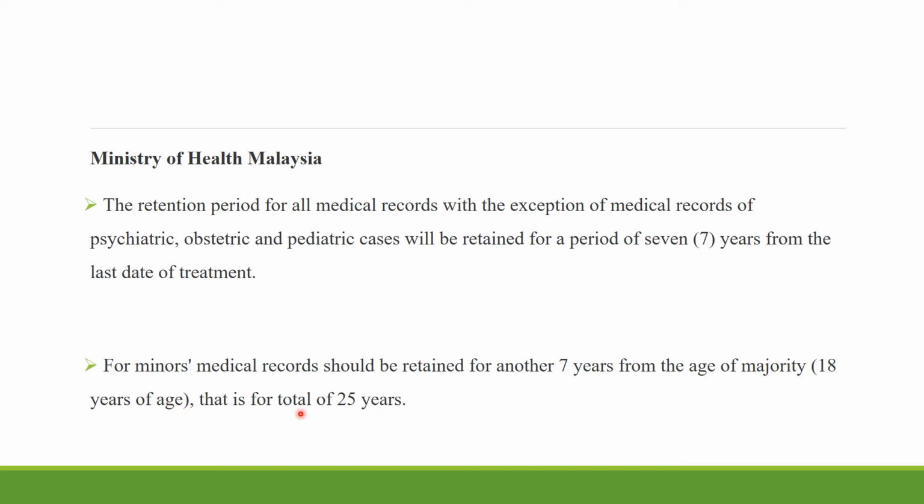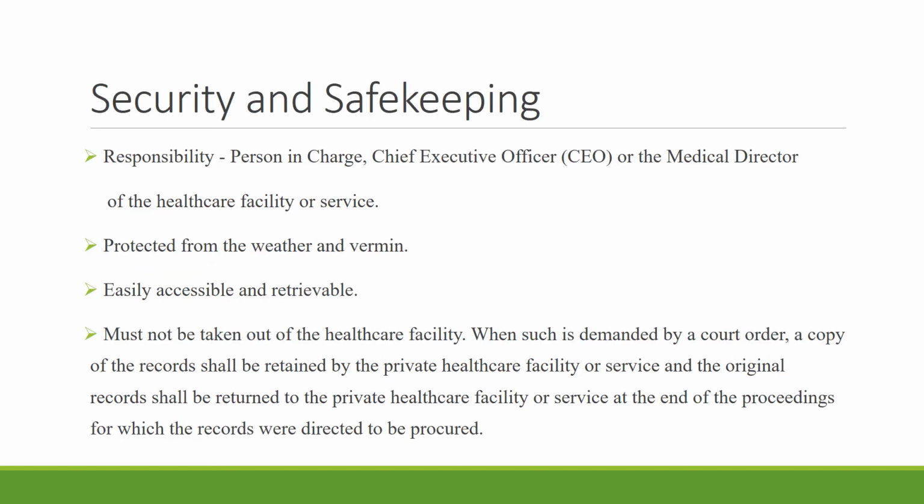So basically, you have to keep the records for 25 years, essentially because children are developing, and physical growth and dental changes are there. So you have to maintain it for 25 years from the last day of contact. That is how you have to retain.